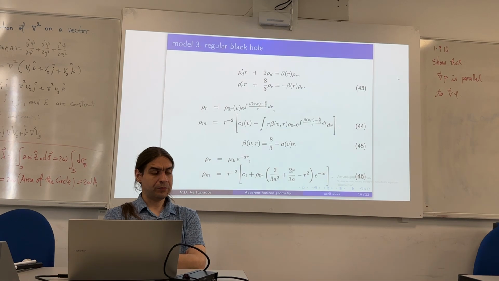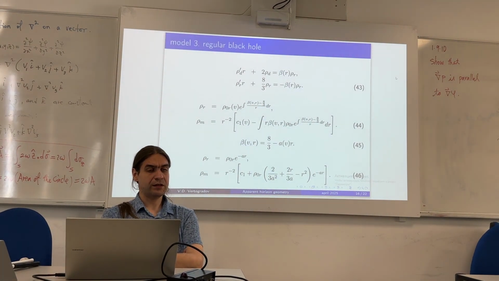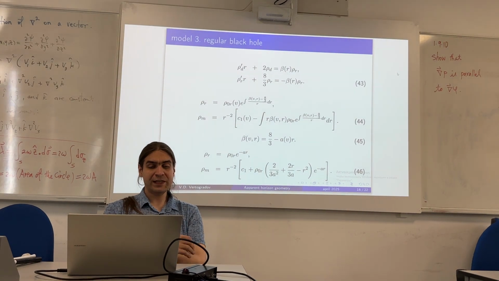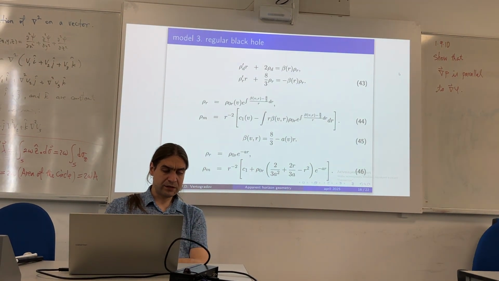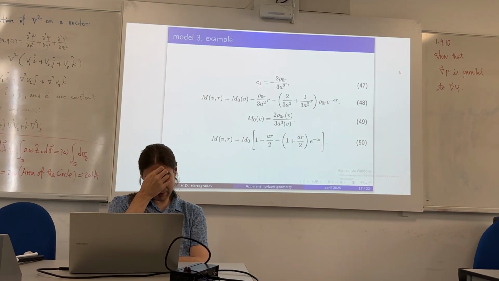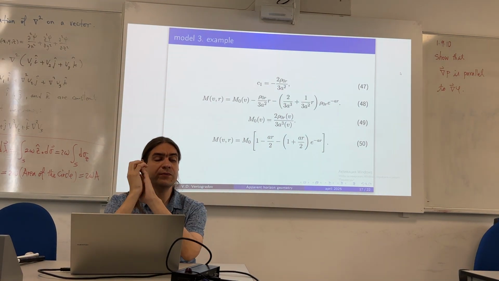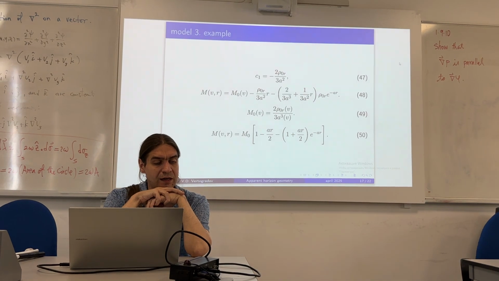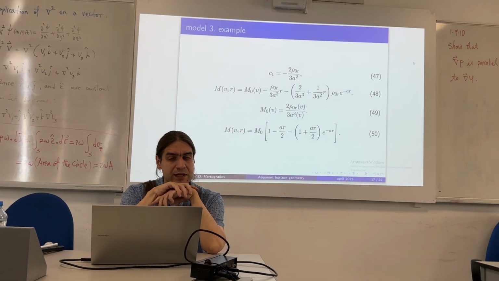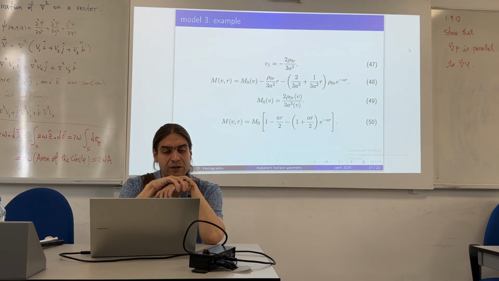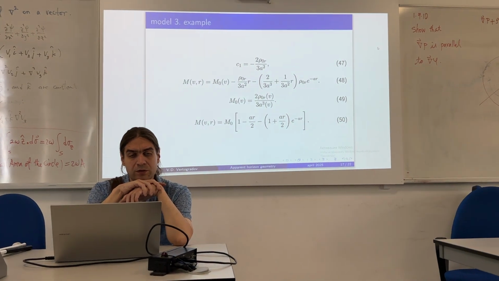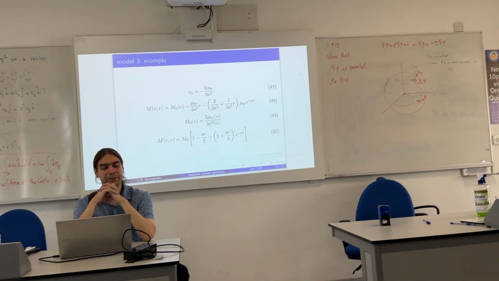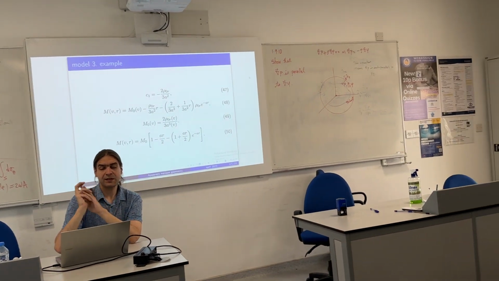But anyway, it's just words. Let's consider an explicit example. If we consider beta as h divided by 3 minus ar, then the solution is the following: we obtain a regular black hole solution. So if efficiency behaves like this, we obtain a regular black hole solution.